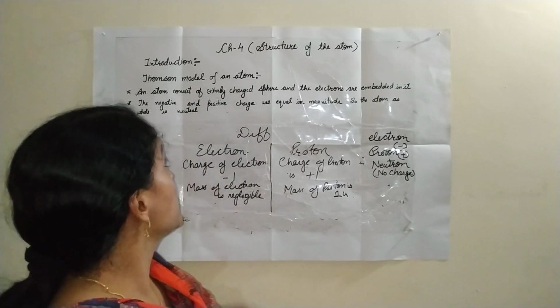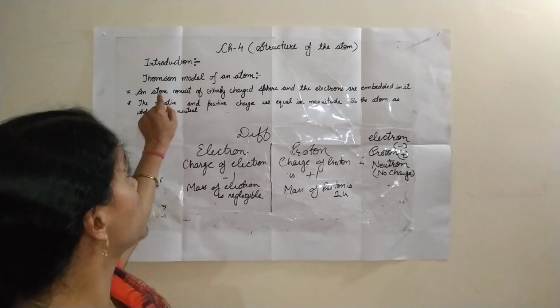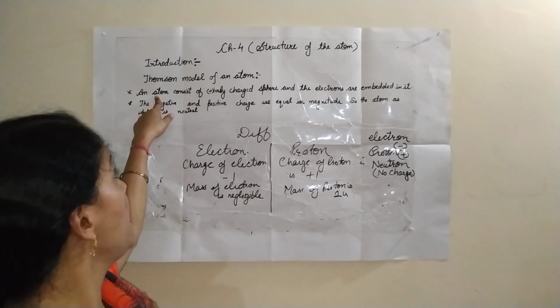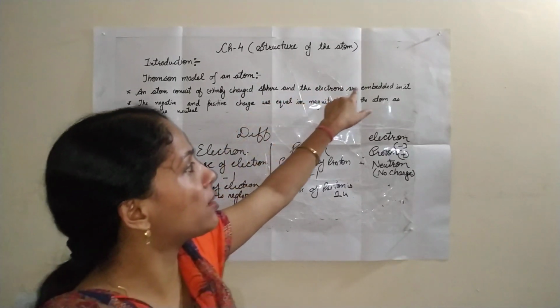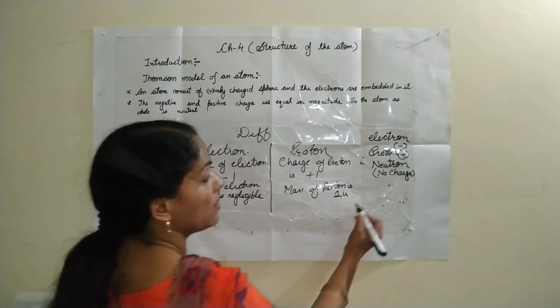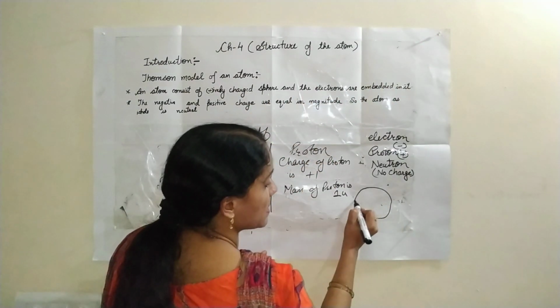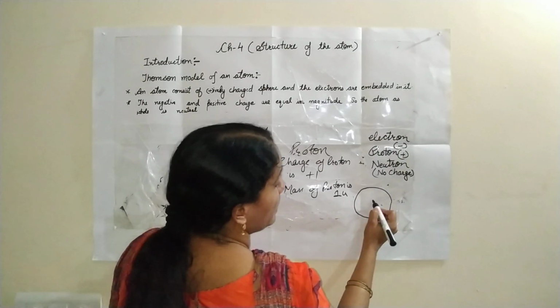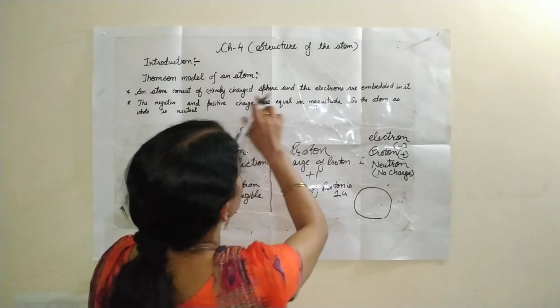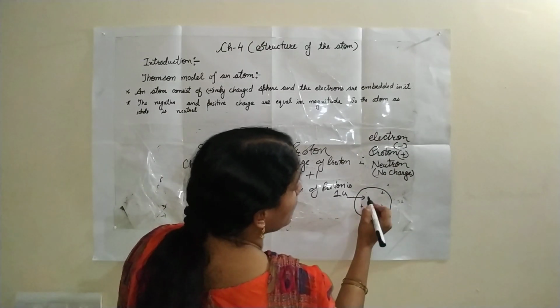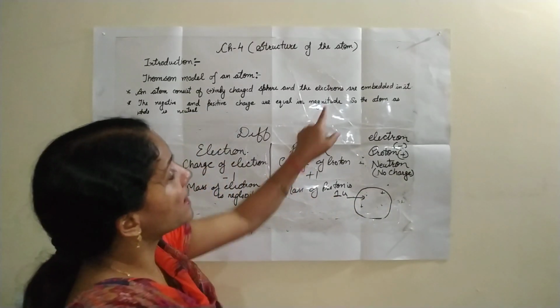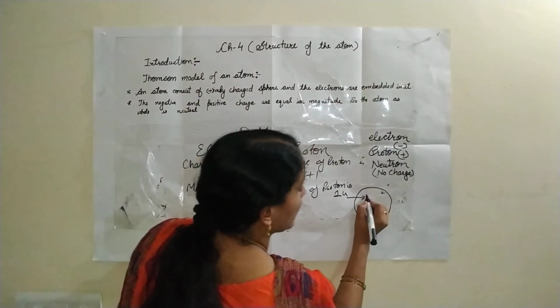Now, just see here what Thomson proposed. In first, he said that an atom consists of a positively charged sphere and the electrons are embedded in it. Means this is a sphere and the full sphere is of positive charge and the electrons are embedded in it.